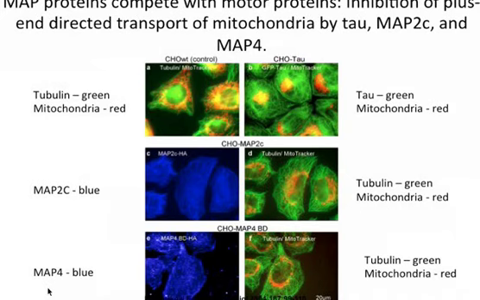And whether or not they're attached to microtubules is going to determine whether or not motor proteins can get by and move things around. So here what they're doing in this paper is they were looking at movement of mitochondria. So mitochondria are going to move around, and it's going to be controlled by motor proteins, and that's going to be regulated by whether or not these MAP proteins, they look at tau, MAP2C, and MAP4, there's a whole bunch of them, can be bound to microtubules or not.